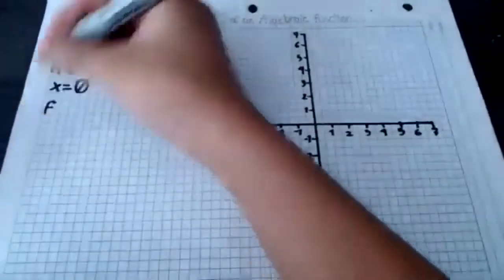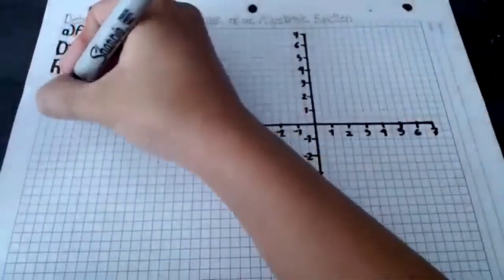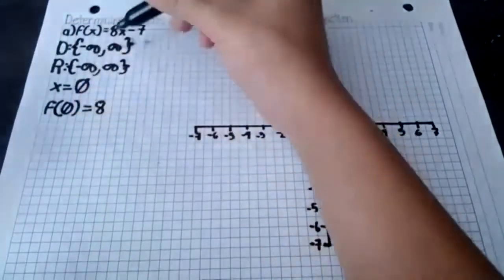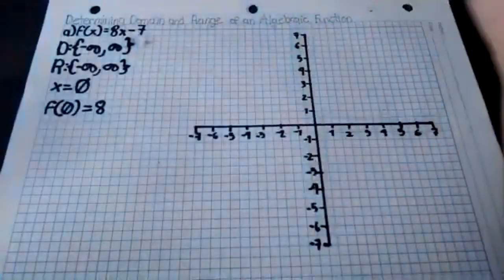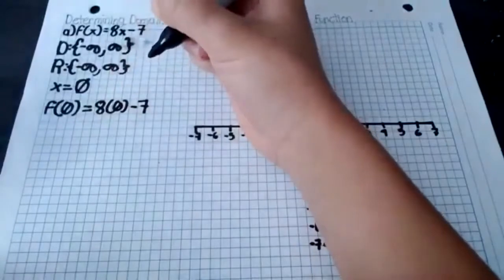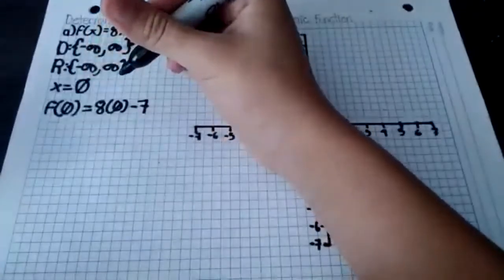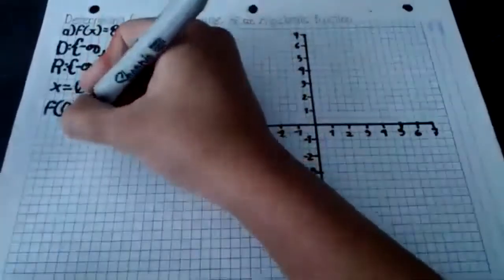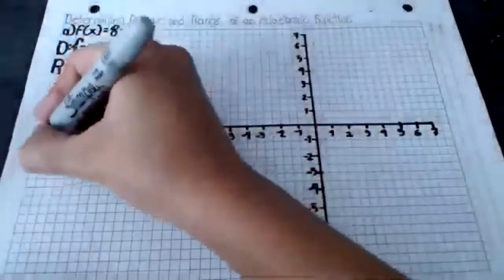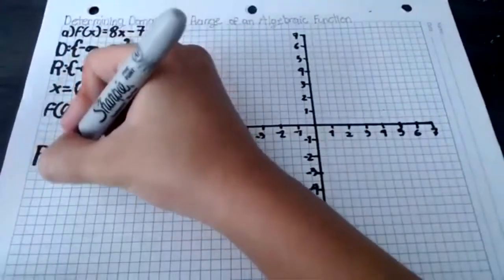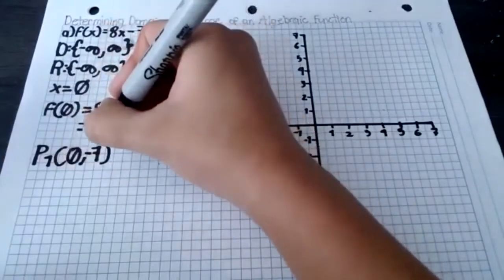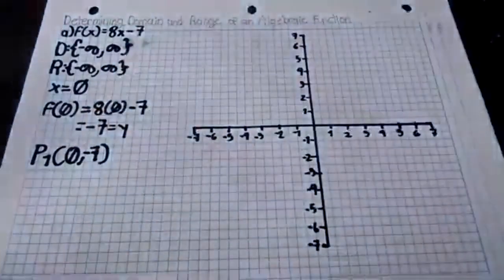So it will be f of 0 equal to 8 times 0 minus 7. As x is equal to 0, we just write the 0 minus 7, and 8 times 0 is equal to 0. So the answer is negative 7, and that will be the first dot. The negative 7 is equal to y.